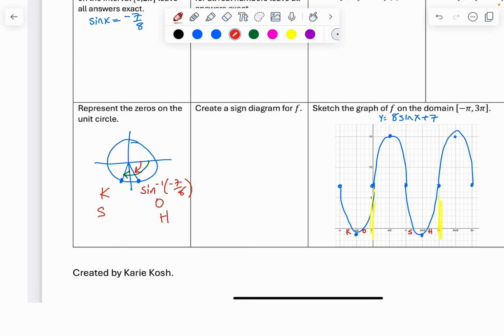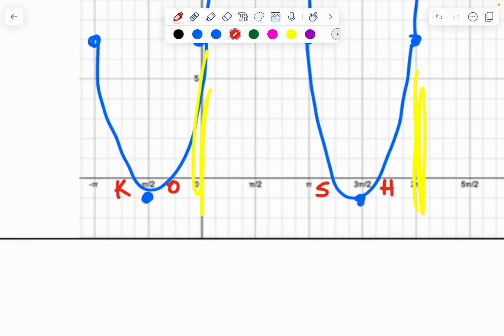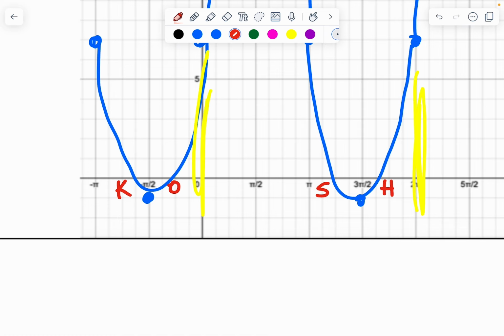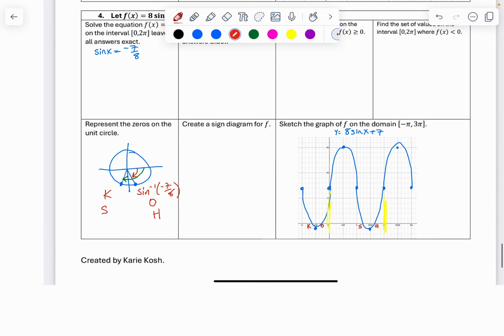Does that make sense? I hope that does. S and H live between 0 and 2 pi. K and O are angles that are coterminal to some of those other ones. So what would H be? H we said was coterminal to O, and it's in that quadrant 4. What I can do is take inverse sine of negative 7/8, and add 2 pi.